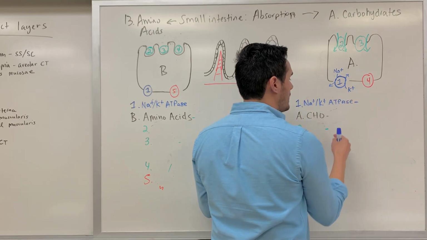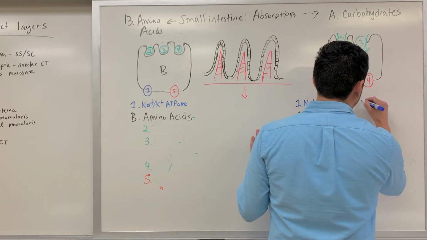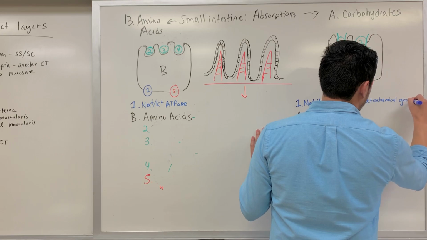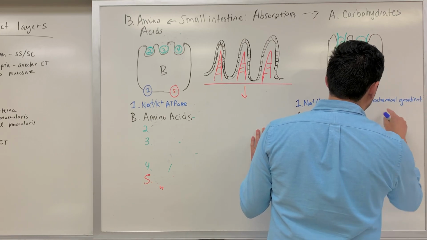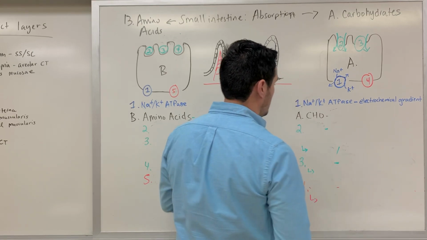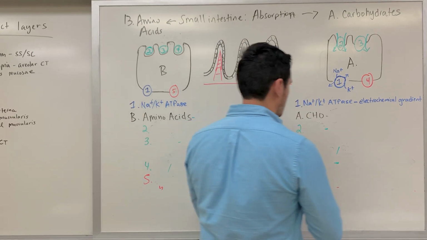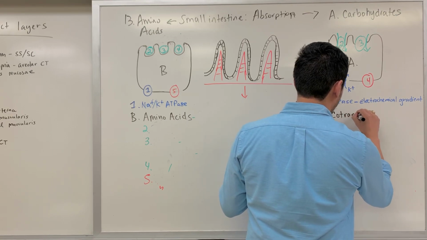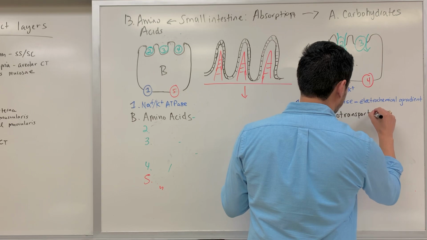And so what this does, it creates what's known as an electrochemical gradient. And this electrochemical gradient is what allows these co-transporters. So these carbohydrates are using co-transporters.